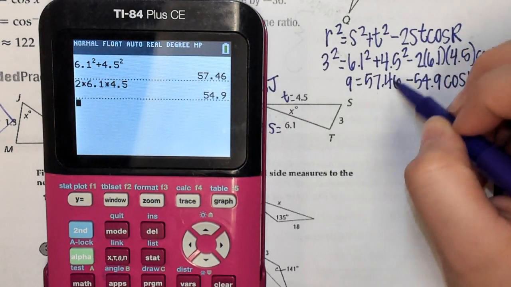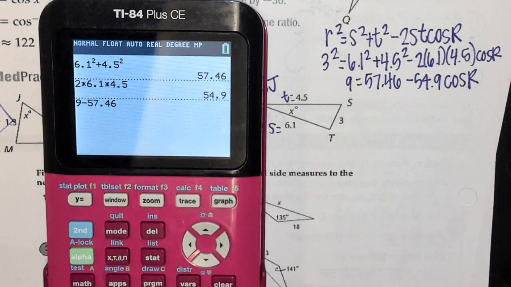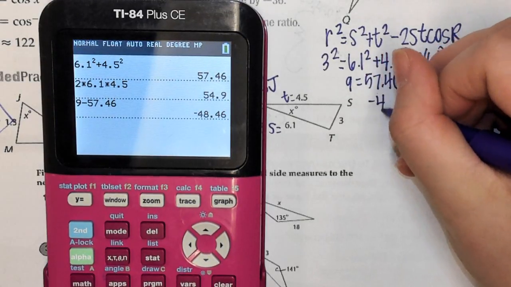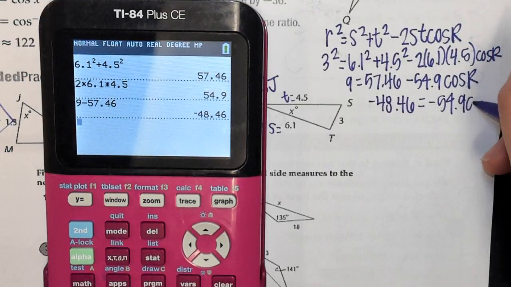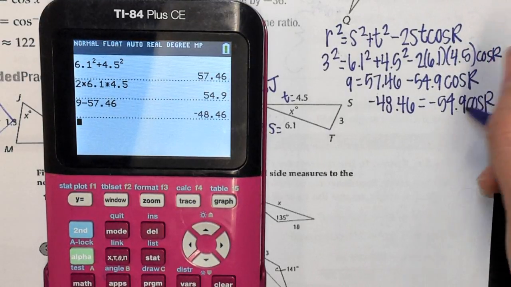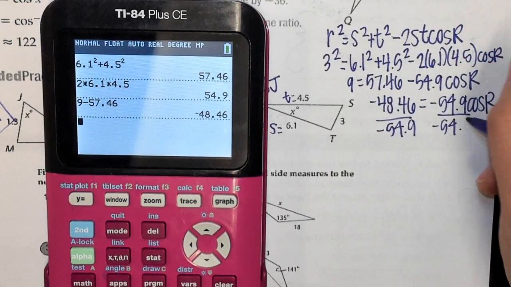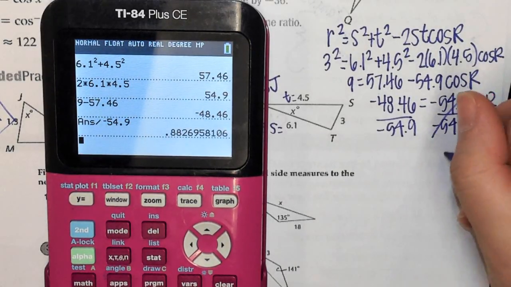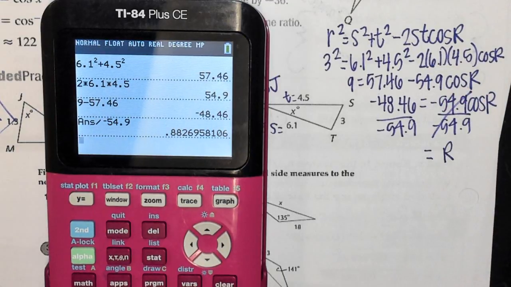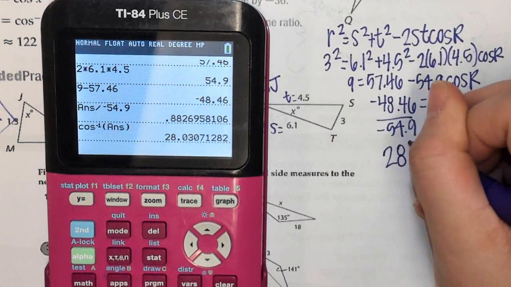I have to subtract this over. Subtract that over, so you get 9 minus 57.46. Divide by negative 54.9. Then to find r, you have to take the cosine inverse of your answer, and you should get 28 degrees.